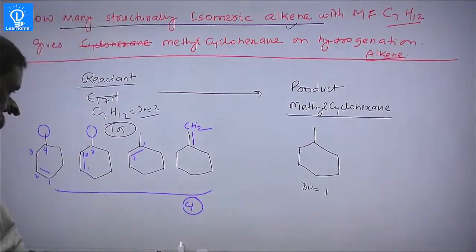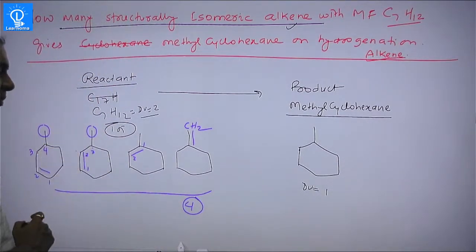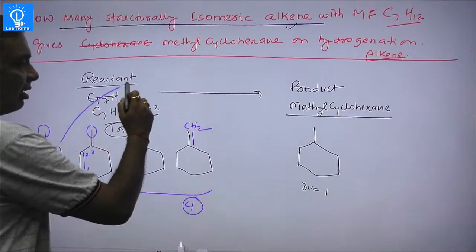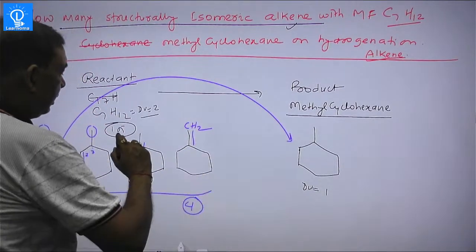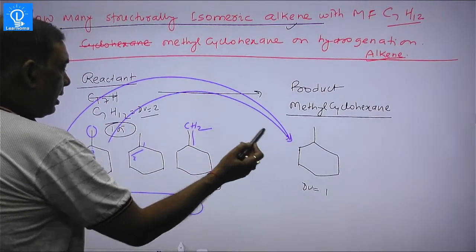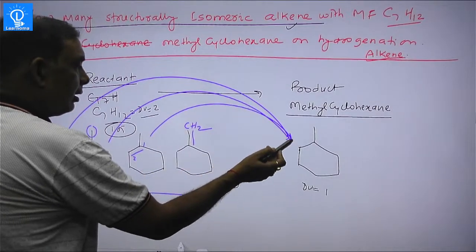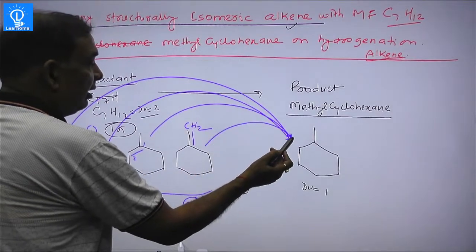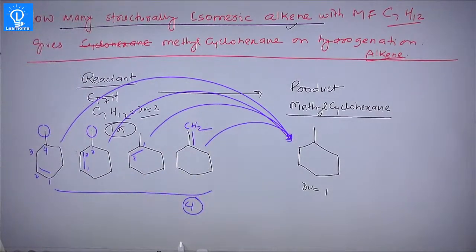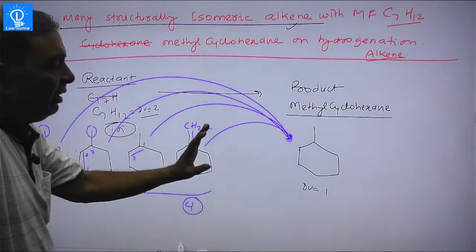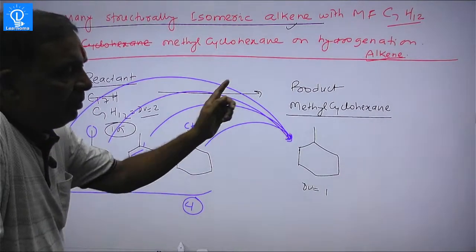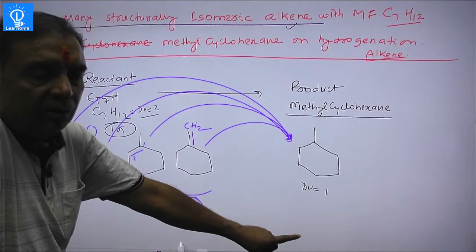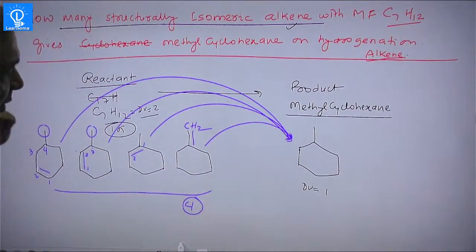Means all of these on hydrogenation give the same skeleton. Try to understand this. This is the beauty of this part. All isomeric alkenes give the same product on hydrogenation. What does this mean?